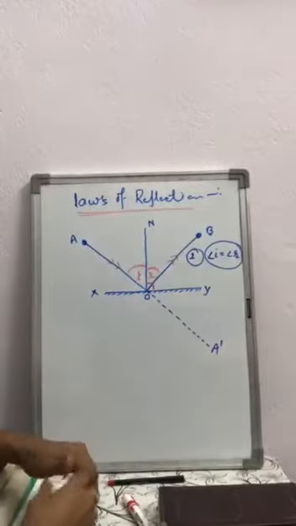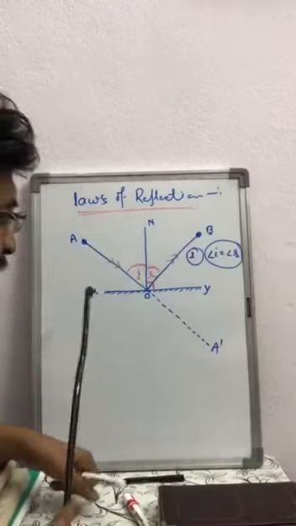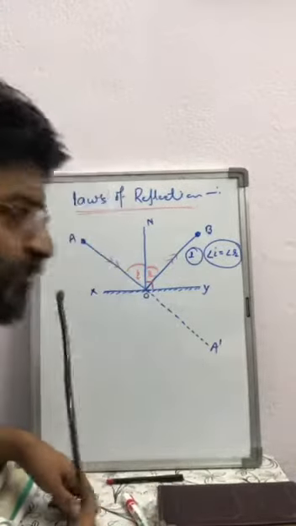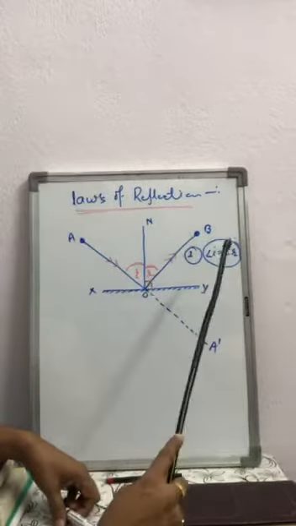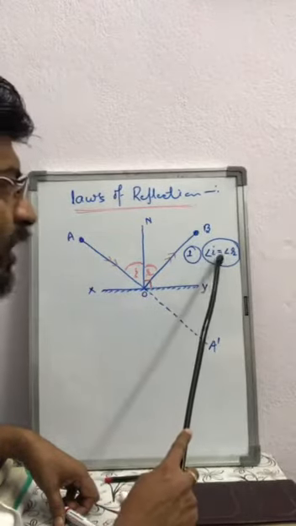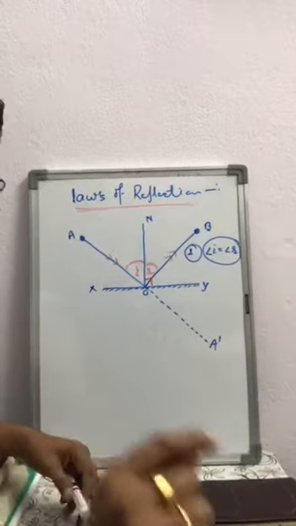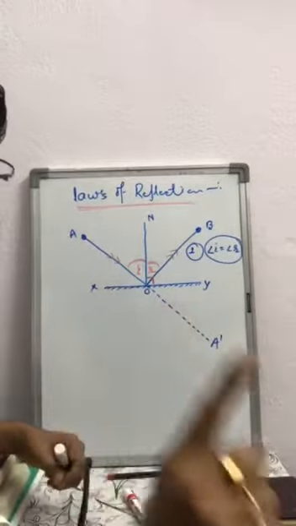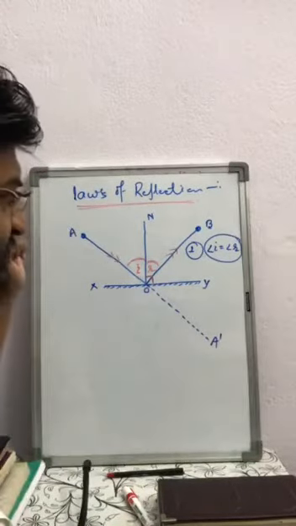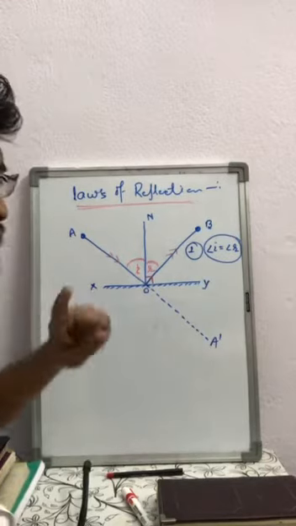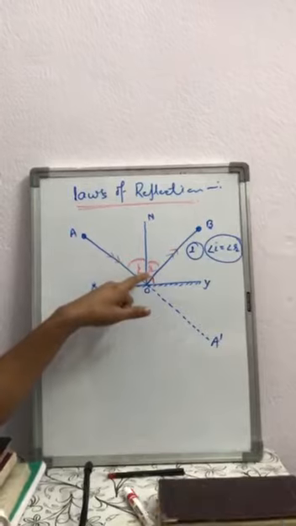That means for a highly smooth surface, for a plane mirror, for those surfaces which show regular reflection, the angle of incidence is always equal to the angle of reflection. This is applicable only for regular reflection. So, according to the first law of reflection, the angle of incidence is equal to the angle of reflection.